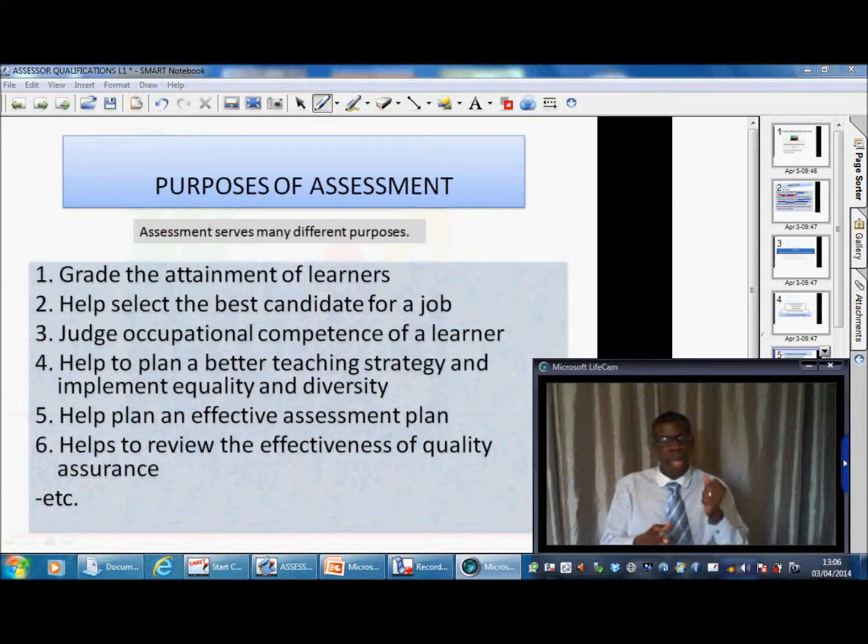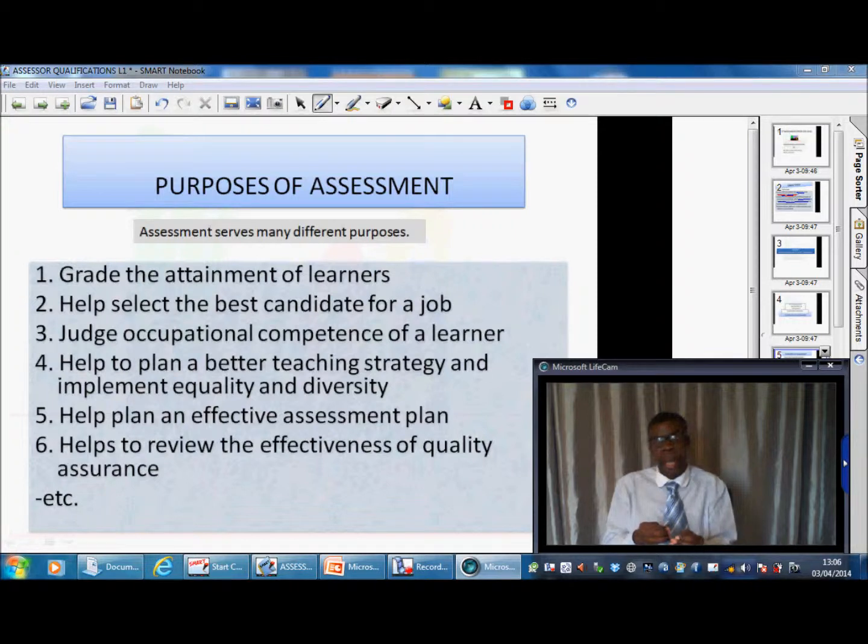What do I mean? For example, if you want to conduct an observation in the workplace for a candidate called B, you must find out when they are available, what time is suitable for them to do the assessment, how they would like to be given feedback, and what kind of environment they would prefer to receive the feedback.